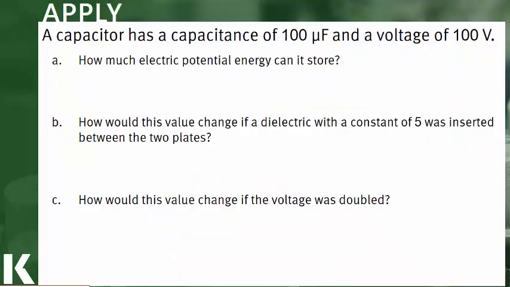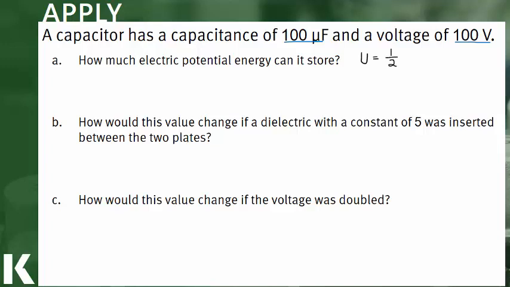So this question tells us that we have a capacitor that has a capacitance of 100 microfarads and a voltage of 100 volts and asks us a few questions. The first question is, how much potential energy can we store? Now we have two different equations for the electric potential energy we can store on a capacitor.